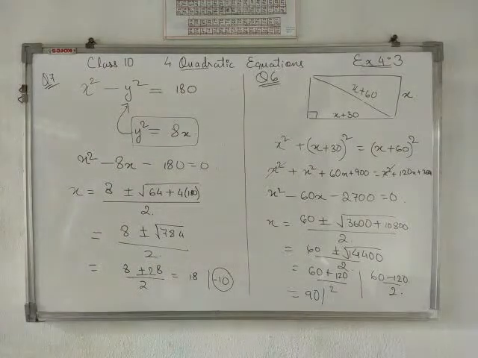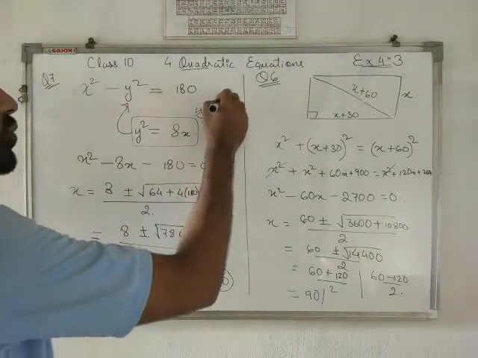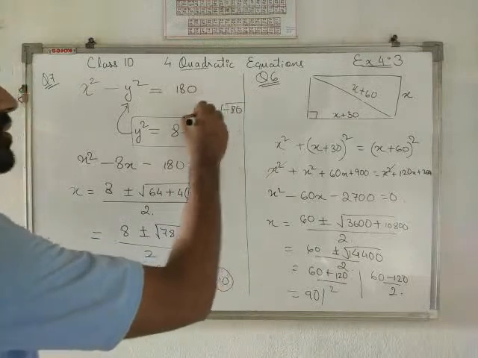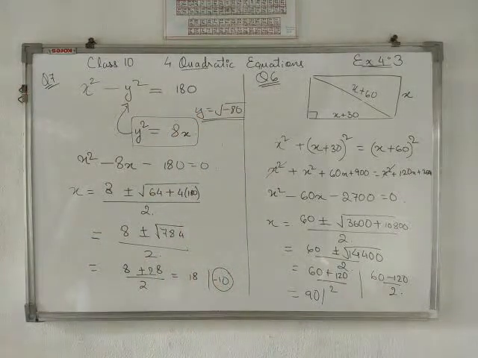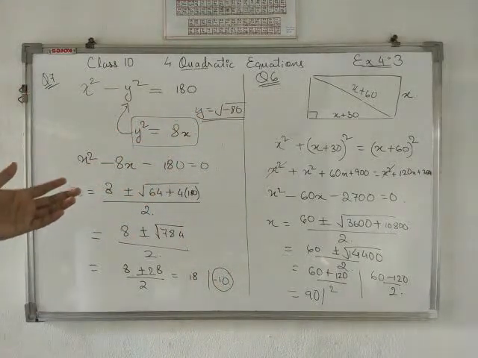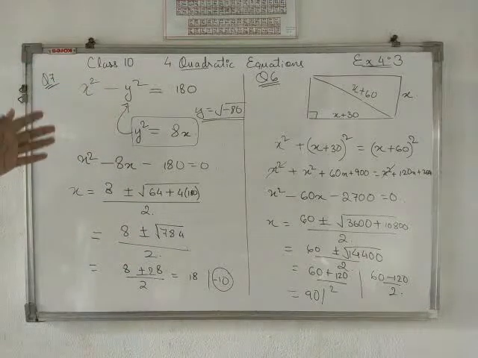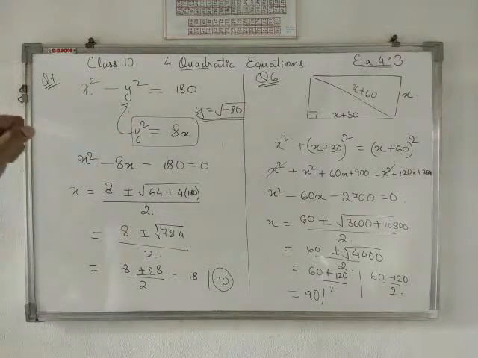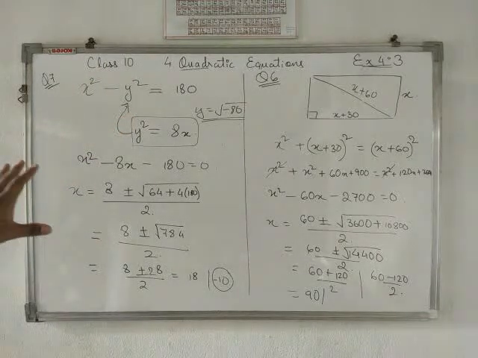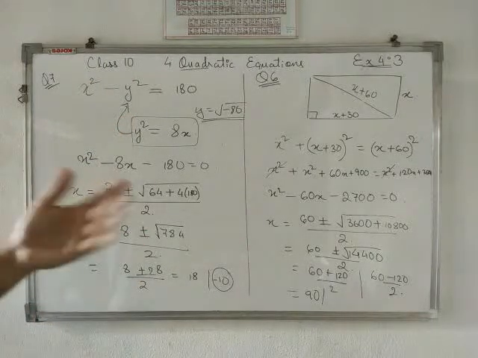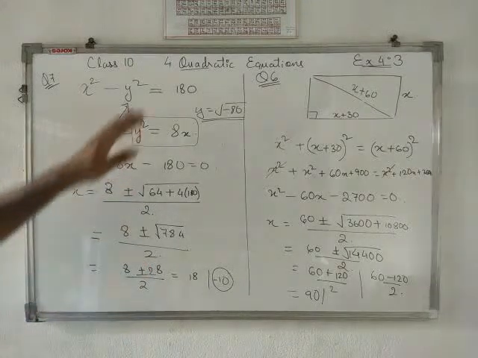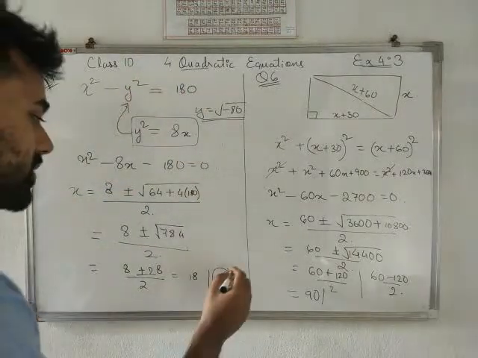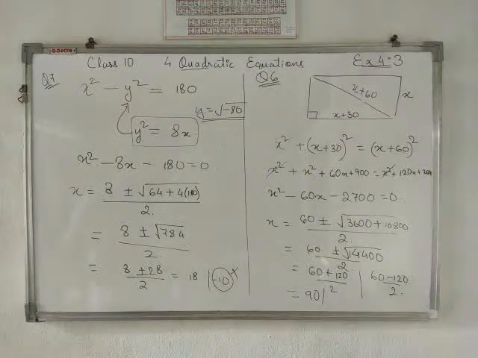If x is minus 10, then y will be root over minus 80. So that is not admissible here. They have not said that we can go beyond real numbers. So we will assume that numbers means real numbers, because in your class 10, beyond real numbers is not taught, right? So this is not admissible. This is not valid. So this is the answer.